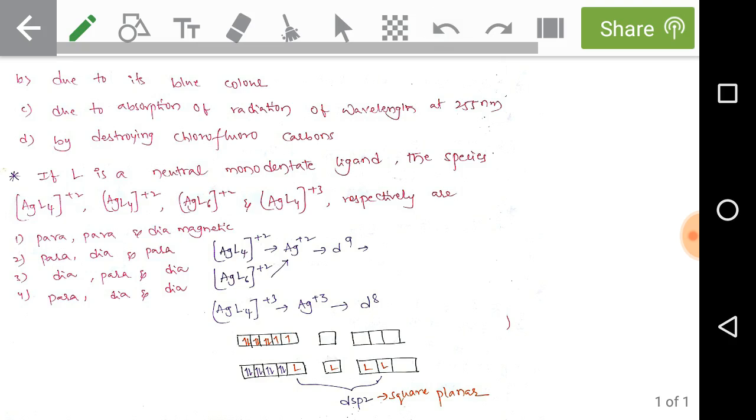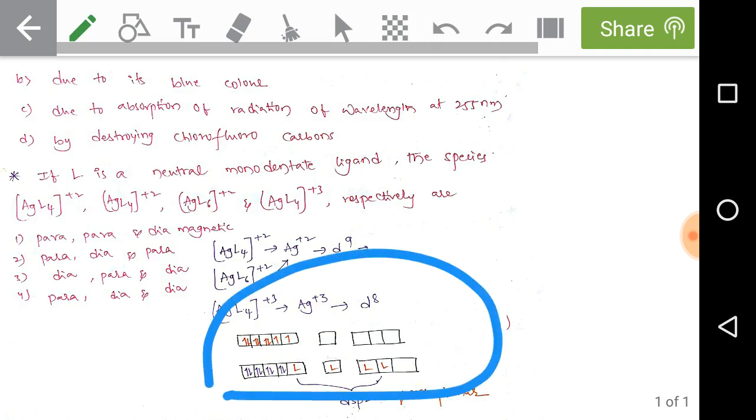Okay, right. And if you look at another silver complex where it is in the +3 oxidation state, it contains 8 d electrons, and there is a possibility of the unpaired electrons being paired up. Okay, so due to the heaviness of this metal, whenever we move down in transition metals, the electrons are able to pair up whenever there is a possibility in those orbitals.